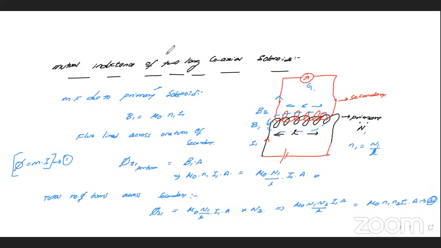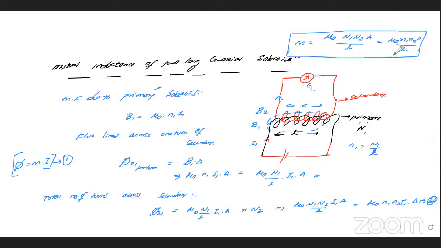When I compare these relations, we can take M equal to mu naught N1 N2 A by L, or M equal to mu naught small n1 small n2 A by L. This is your mutual inductance. The unit, as usual, is nothing but henry.